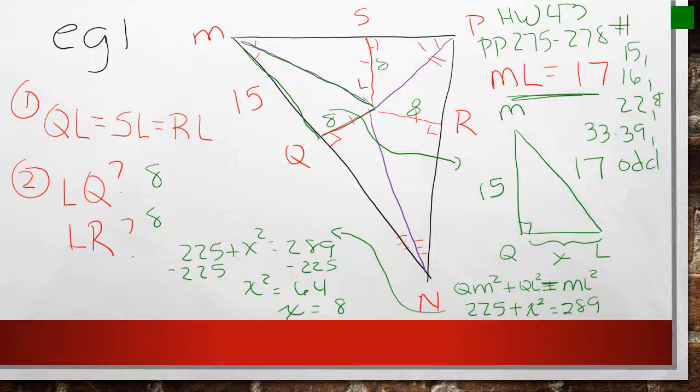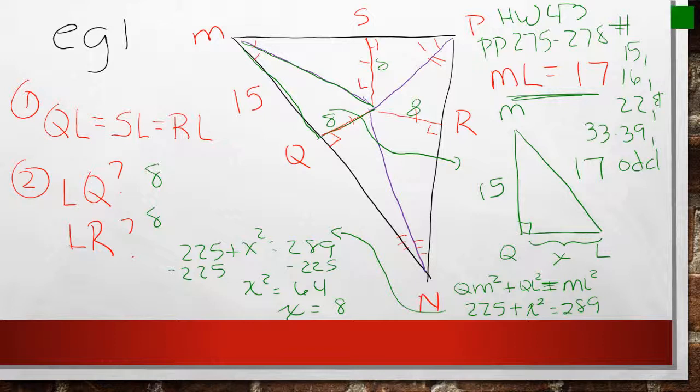And to answer that question, I'm going to have you look at the triangle LMQ. Okay, LMQ, it's a right triangle, right? So let me draw it again out to the side.